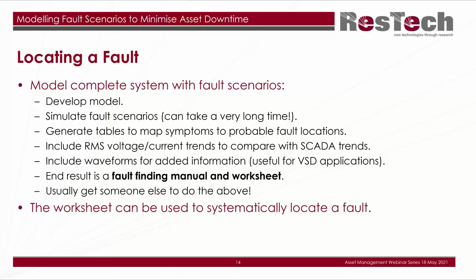The SCADA is also used to record what has actually tripped. So basically, the SCADA information is what's used as the input to the fault finding process. Having waveforms of the actual signals can also be useful, especially for variable speed applications when you have high frequency content.